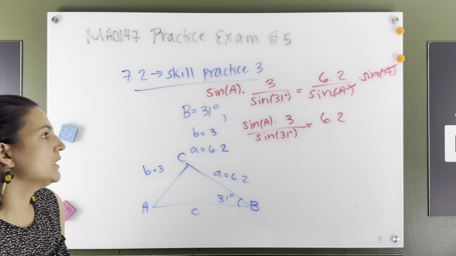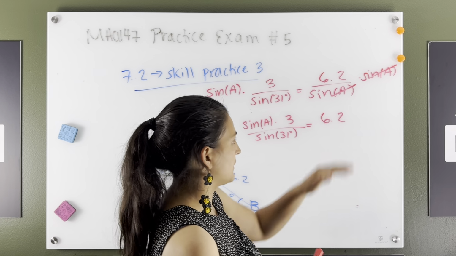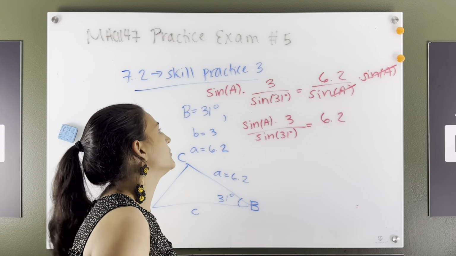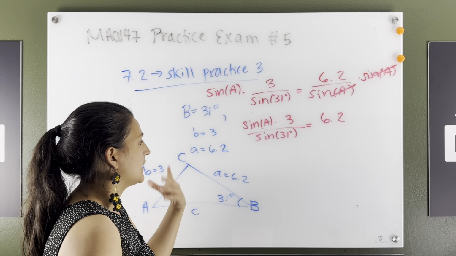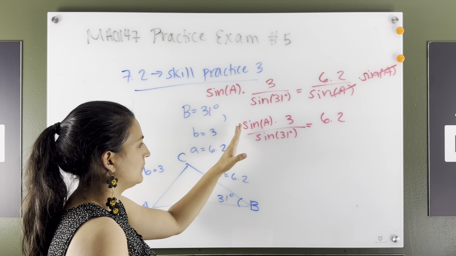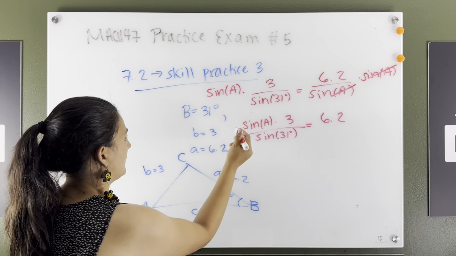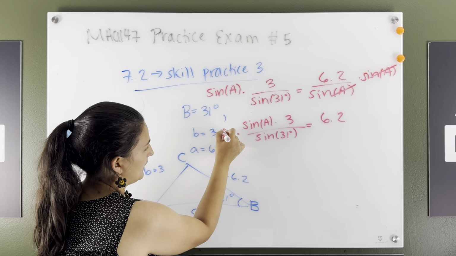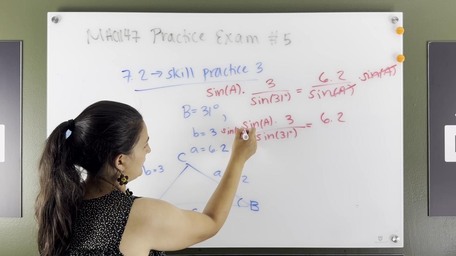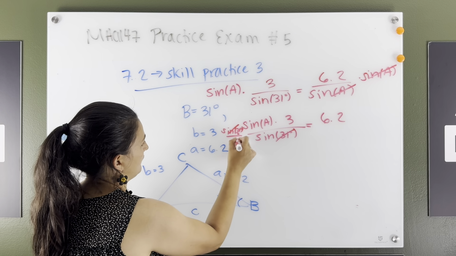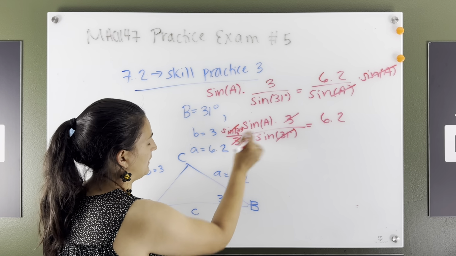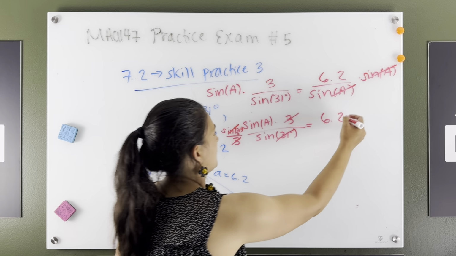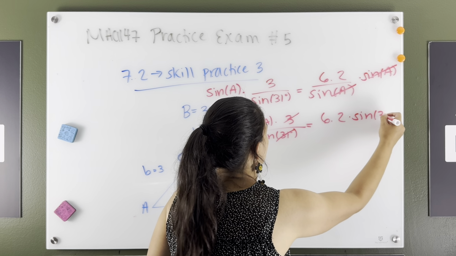It's on the right hand side. It's in the denominator. I'm going to have to cancel it out. Whatever you do to one side, do to the other. Again, I need my A to be alone, isolated. So I'm going to go ahead and multiply by sine of 31 degrees to cancel these guys, and divide by 3 to cancel these guys. Now my sine A is alone. Of course, what I do to one side, I'll do to the other.